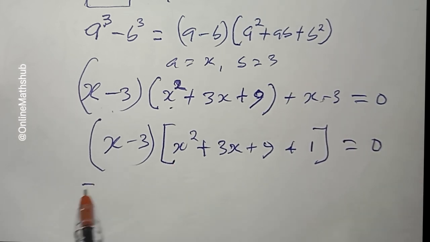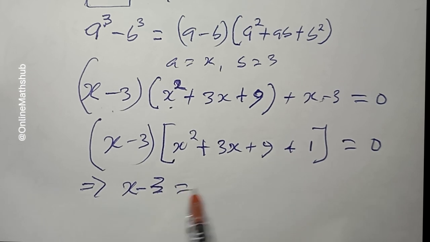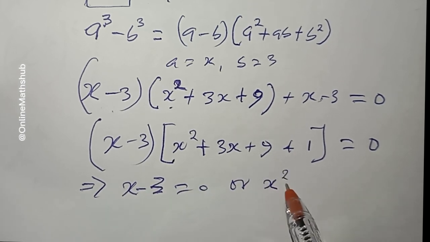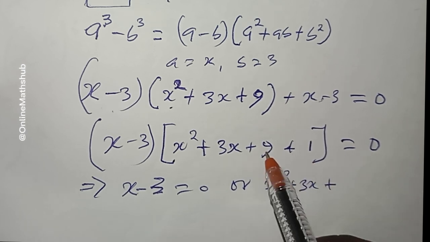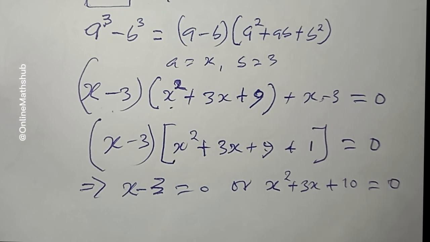So from here this implies that x minus 3 is equal to 0, or this stuff right here, x squared plus 3x plus 10 is equal to 0.